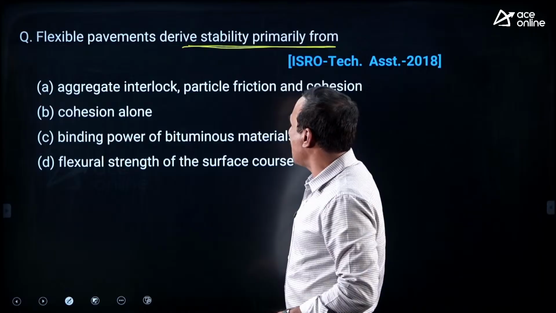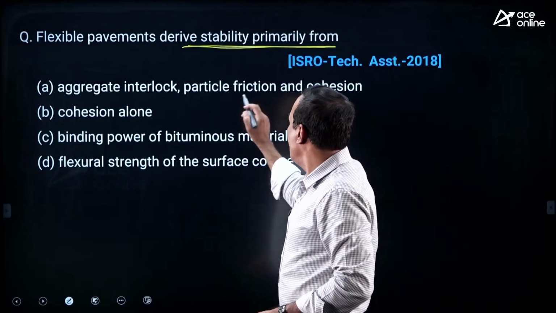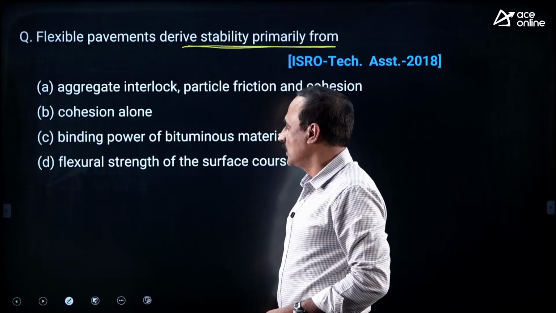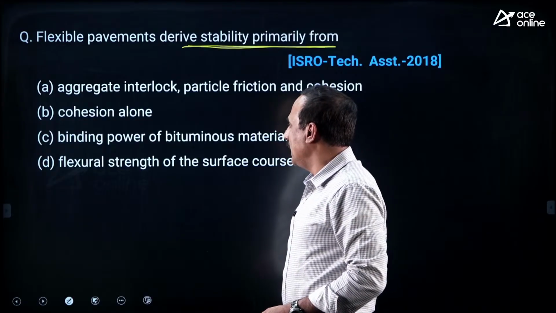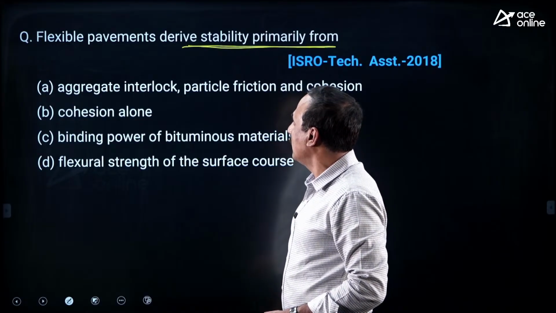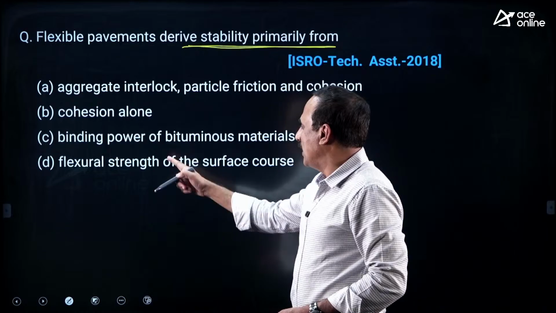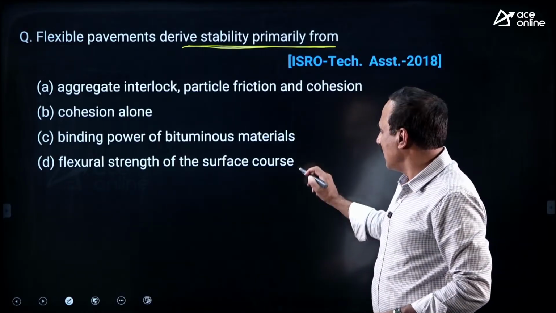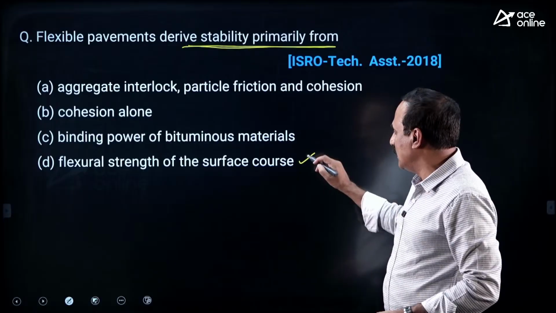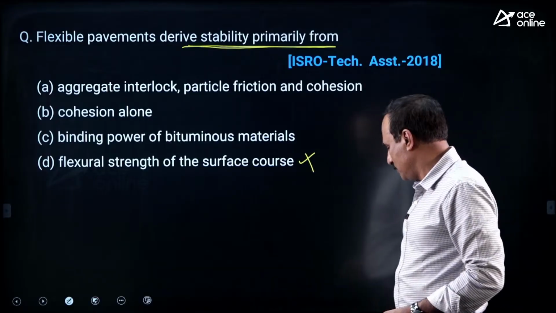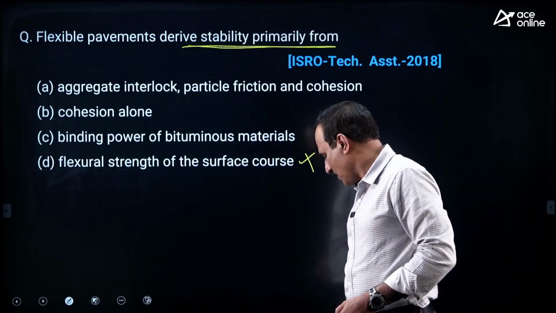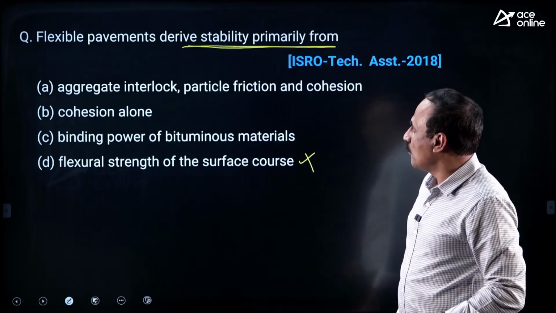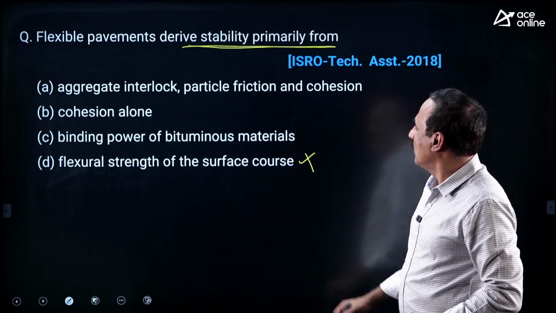Derive stability primarily from aggregate interlock, particle friction and cohesion, cohesion alone, binding power of bituminous material, flexural strength of the surface course. Flexural strength is mainly used in rigid pavements. So, this is ruled out. Vicky, binding power of bituminous material.